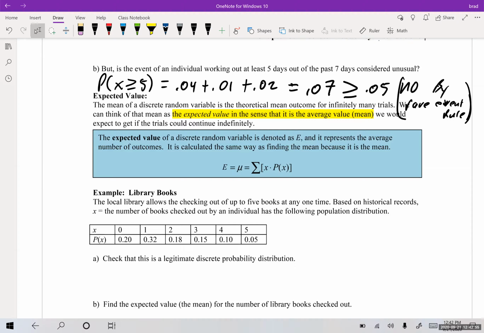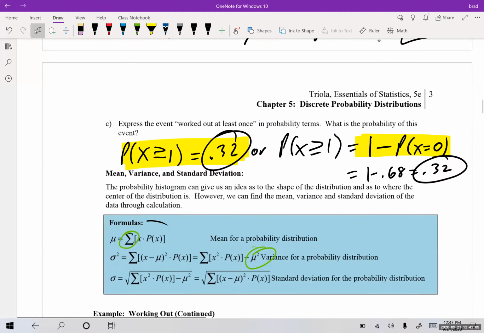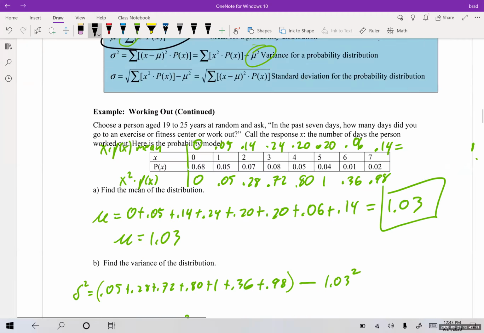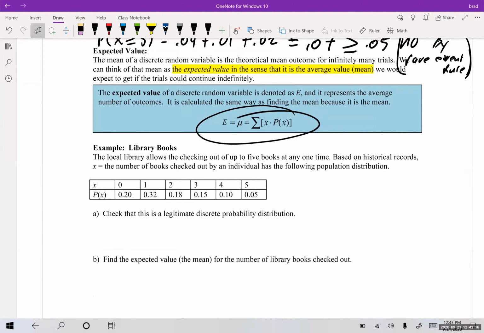Now you could do better, you could do worse, but the expected value is often thought of as the mean, okay? By the way, does this formula look familiar? It's the same formula up here for mean. They're the same formula, okay? So whenever you hear expected value, that's kind of statistics code for, hey, find the mean.